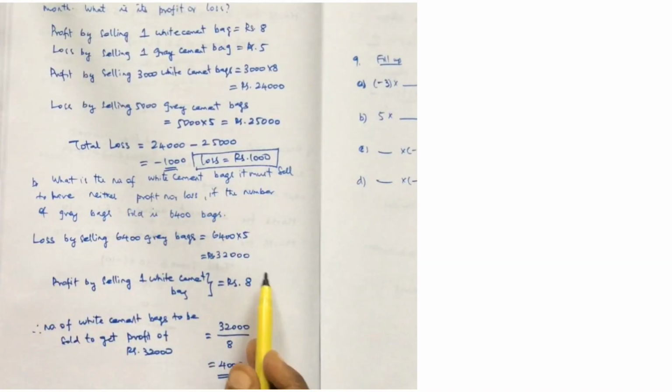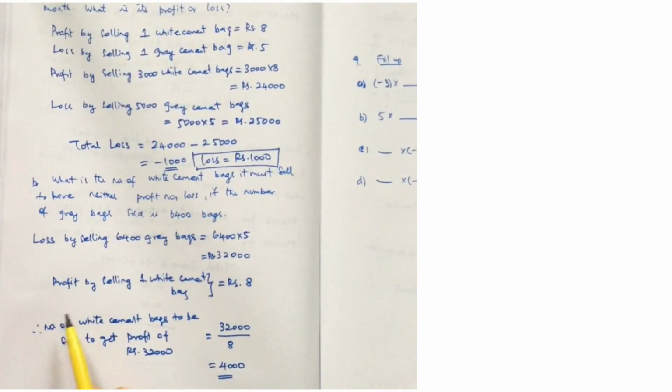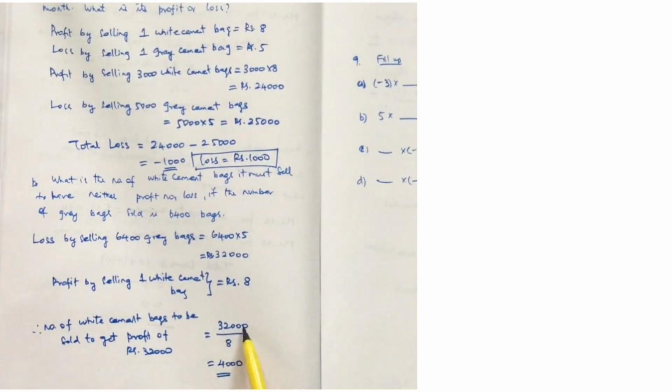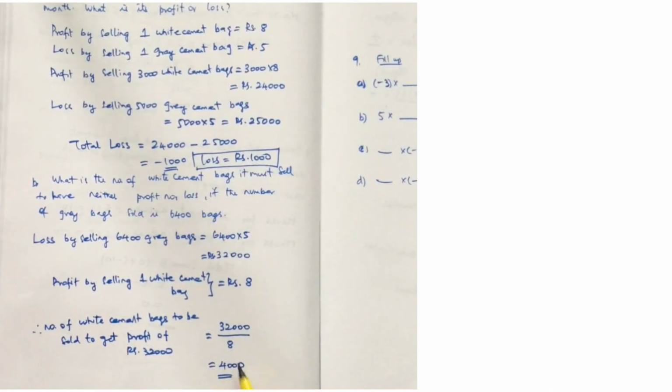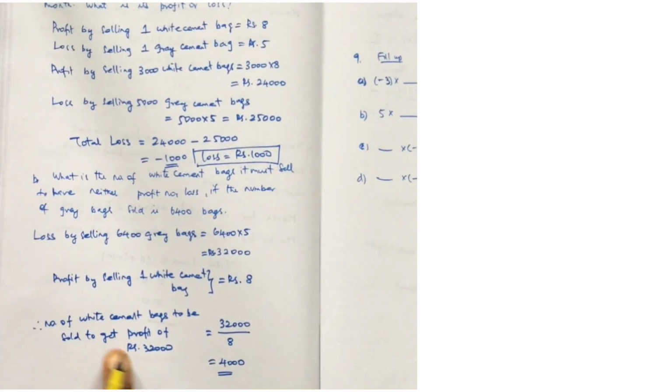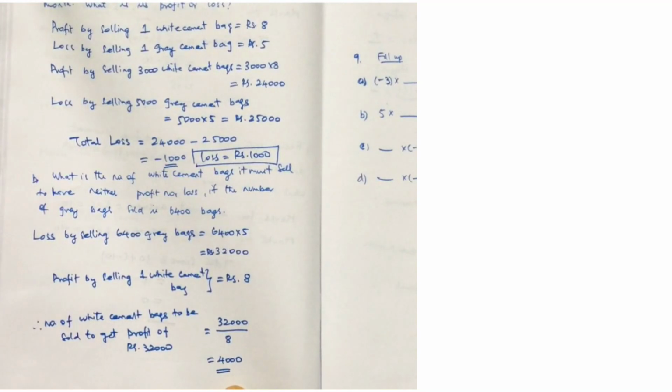We know they get a profit of rupees 8 for one white cement bag. So the number of bags is 32,000, the profit amount they want, divided by 8, the profit for each bag. The answer is 4,000 white cement bags.